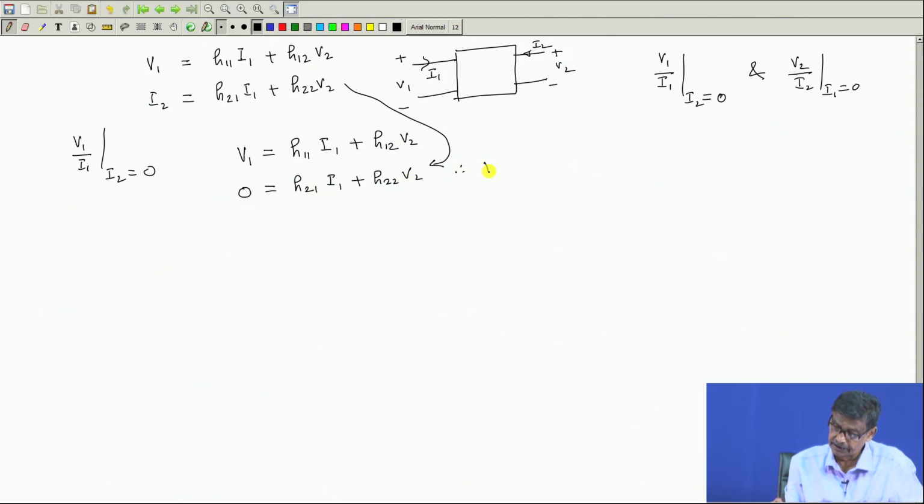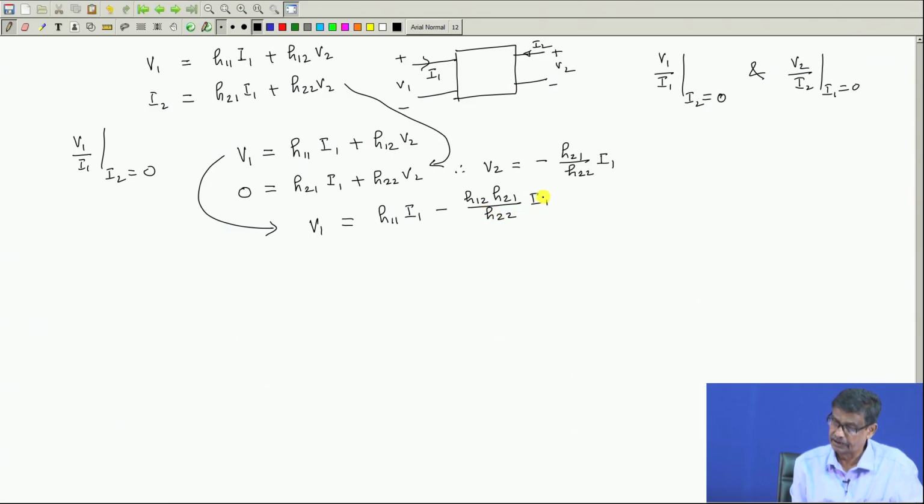Therefore, here I will write V2 is nothing but minus H21 by H22 into I1, and this I will put it here. Then it will be V1 is equal to H11 I1 plus H12 into V2, that means minus H12 H21 by H22 into I1, it will be like this.